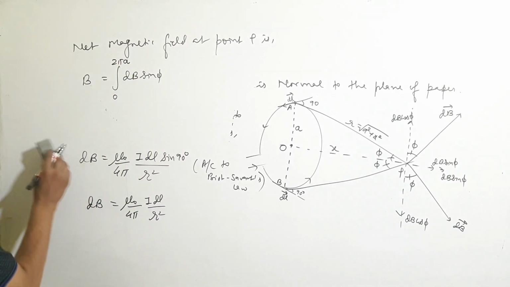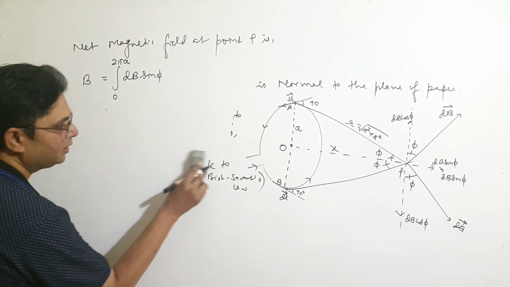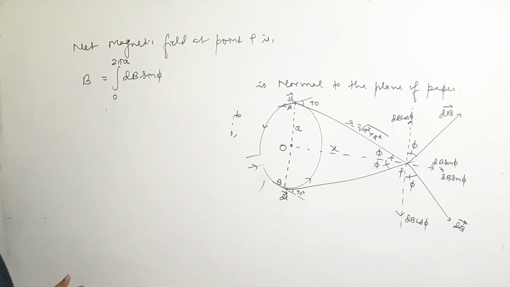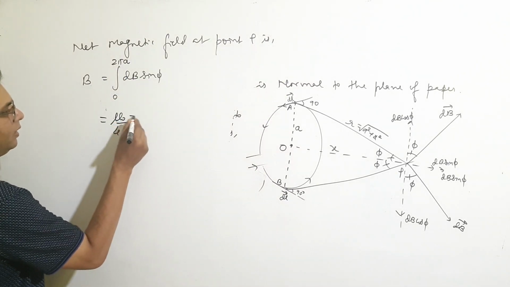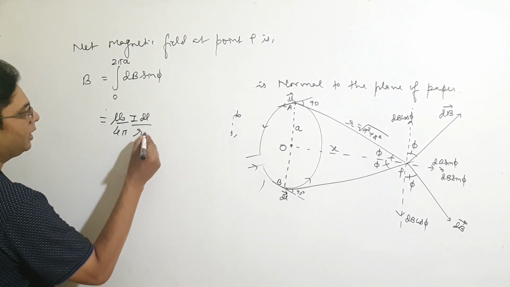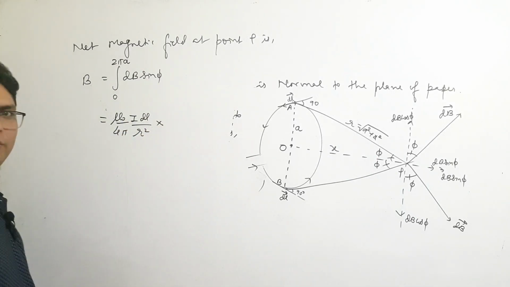This is the net magnetic field. Now you have to integrate this. For integrating you require the value of dB, which is mu naught upon 4 pi, I dl upon r square. And what is the value of sin phi?